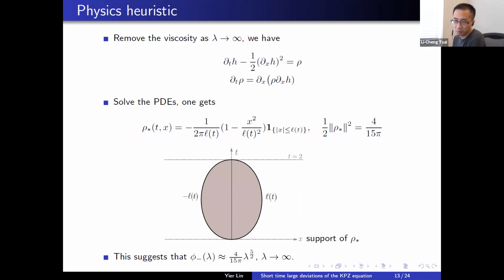And the real reason that we're working with SHE is because we found a way to do that part of the argument using SHE, and that prompted us to do large deviation at the level of SHE. It is totally true that we could have done it for KPZ as well. Yeah. So I missed that comment.